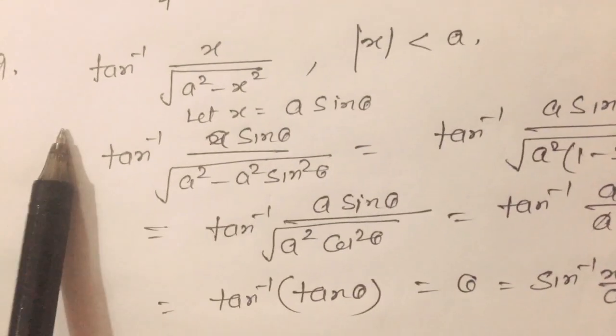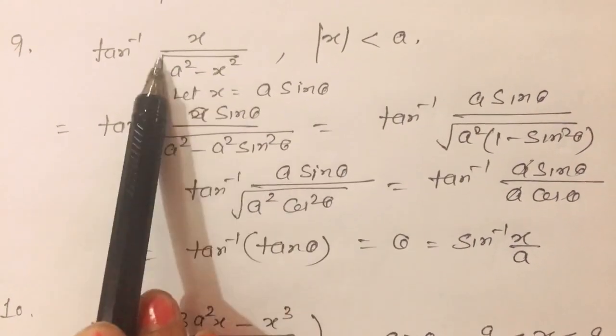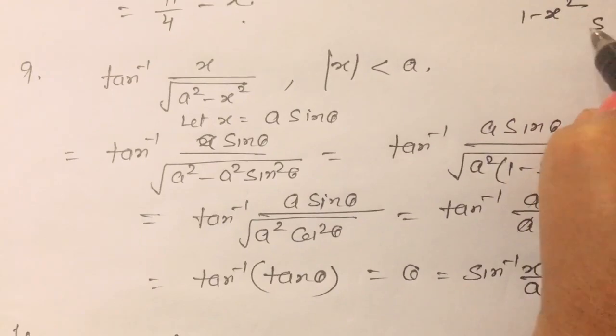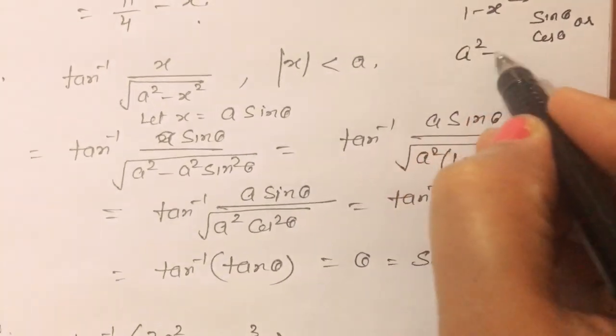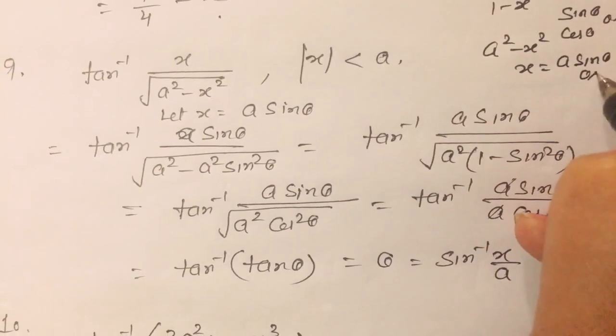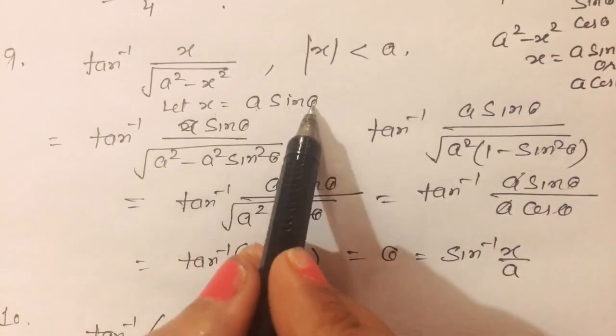Now come to question number 9. Tangent inverse of x upon the square root of a square minus x square. If 1 minus x square, then you can put sine or cos. If a square minus x square, then you will put a sine theta or a cos theta. So in this question I am putting x is equal to a sine theta.